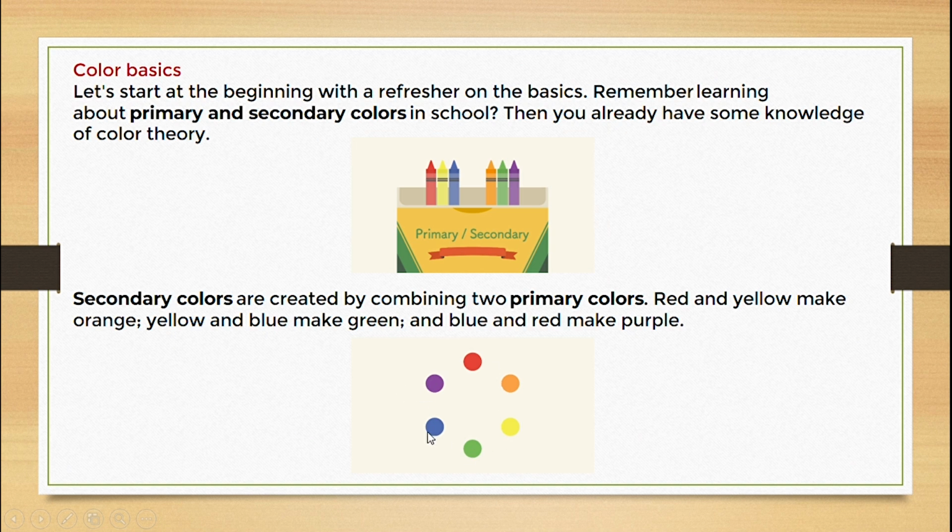If we merge this and this together, this is a primary color and this is a secondary color, and if you merge them together, you're going to get another shade of color. If you merge orange and yellow together, you're going to get another shade here. If you merge orange, yellow, and green all together again, you're going to get another color here. The same goes for other colors as well.